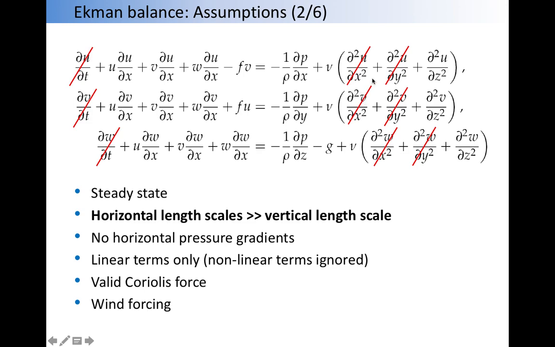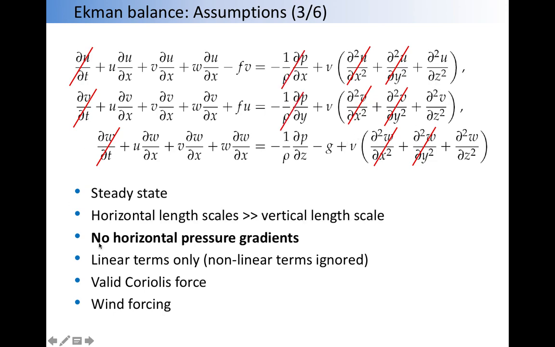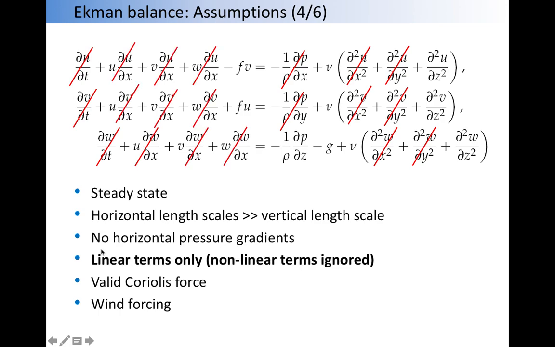So if you look at the second derivative on the right hand side, the horizontal term will be much smaller than the other term, because the x and y horizontal spatial scale is longer than the vertical scale. And no pressure gradient for now. And if you say linear terms only, the non-linear terms are ignored. Sorry, there's a typo on the differentiation.